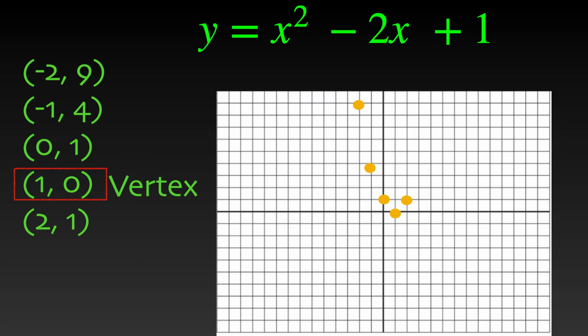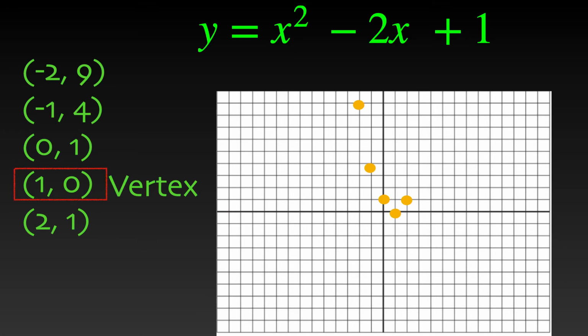All right, so I've now graphed the points. Using the axis of symmetry, I could graph the other points, but what do you notice? Where did that vertex land? The vertex landed on the x-axis. That means that the vertex is on the x-axis, and it means that there's only one point.